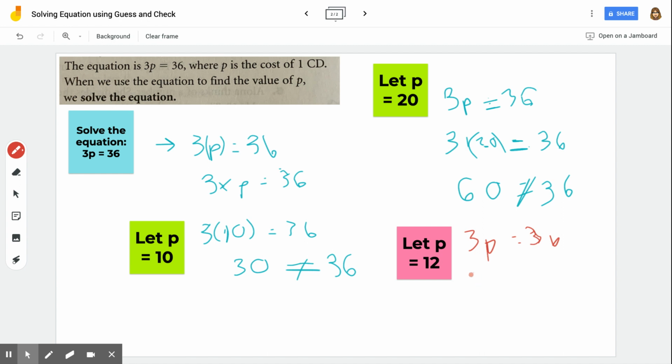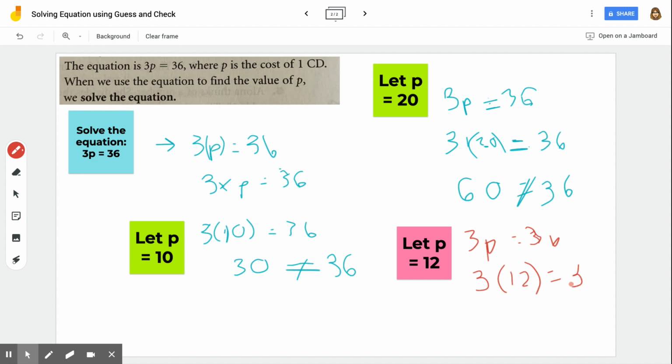So I'm putting my 3 in here, and I'm putting in my brackets a 12. I know based on my mental math that 3 times 12 actually does equal 36.